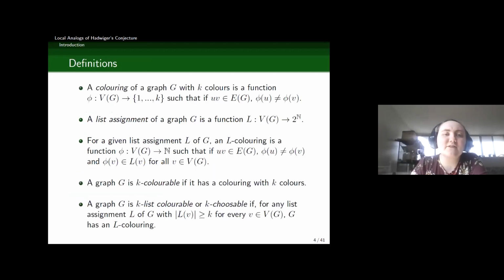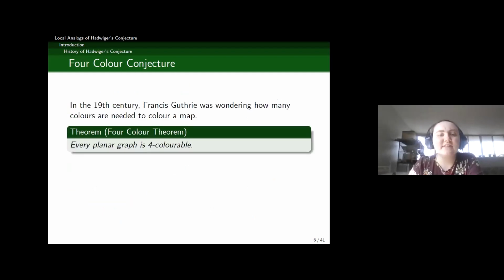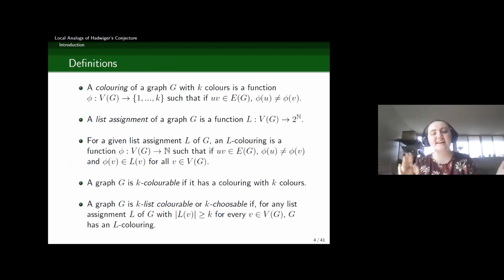Okay, so some standard definitions. A coloring is a function from the vertex set to a set of colors. A list assignment is a function that gives each vertex a list of colors. And a list coloring is a coloring that gives colors from within the list of every vertex.